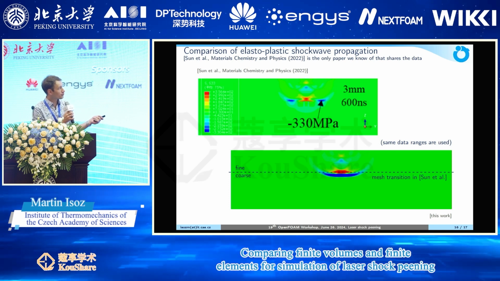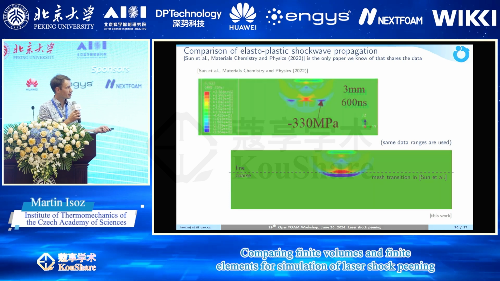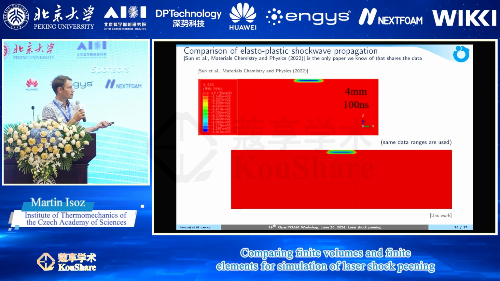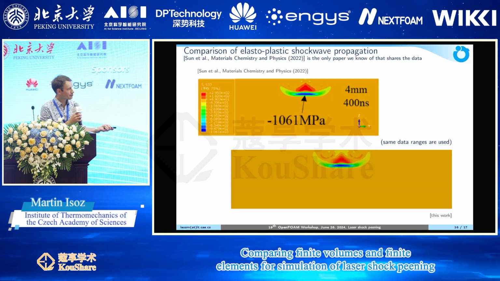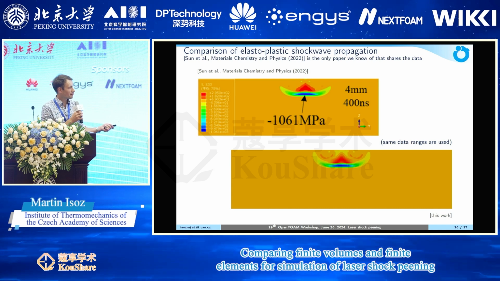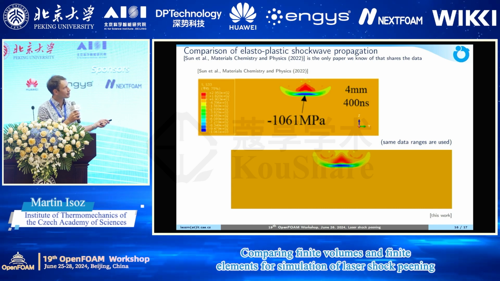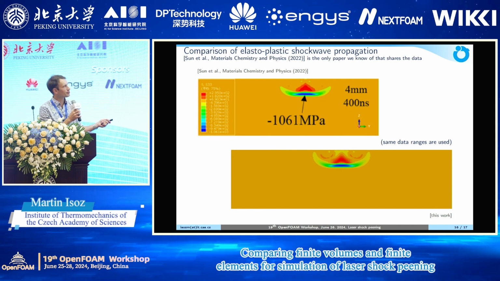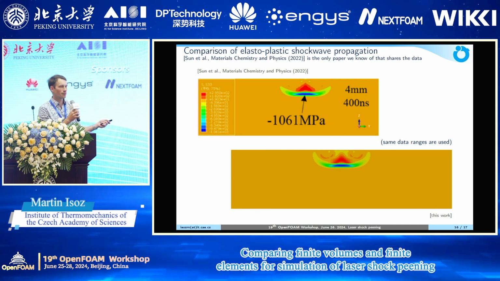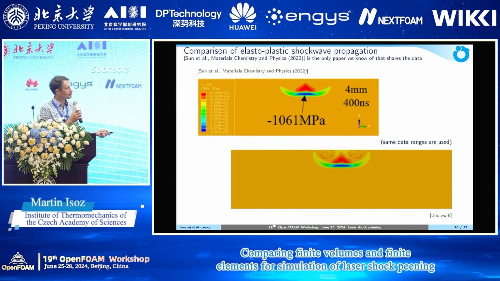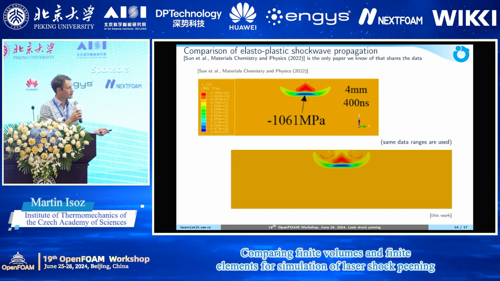This one is for the spot size of 3 millimeters, and this is a spot size of 4 millimeters, so a different spot size. Everything is basically still the same. Our mesh is a little bit denser, so we catch some of the stuff that is there. I don't know if this is filtered out by post-processing or by the mesh itself, but we catch a little bit of these secondary waves in here.